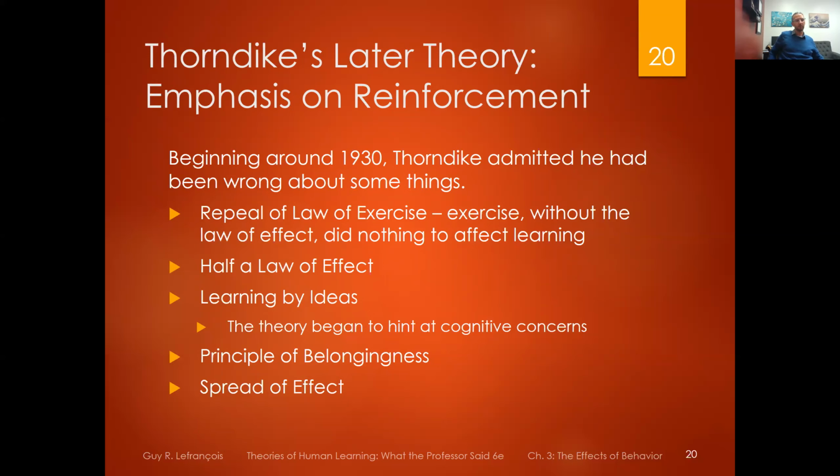What he found was that if you exercise, if you do things repeatedly, but there's no consequences, then there's no learning that's going to occur. Oftentimes there's this idea of, just do it over and over and they'll start learning. He found that wasn't the case.